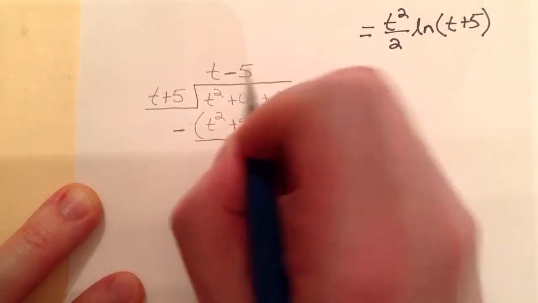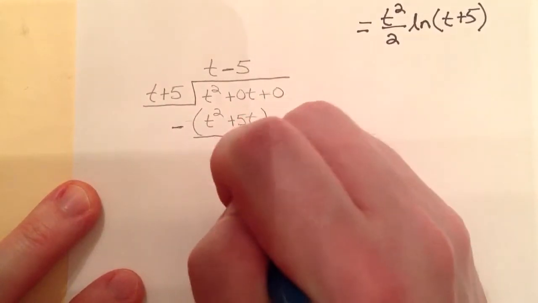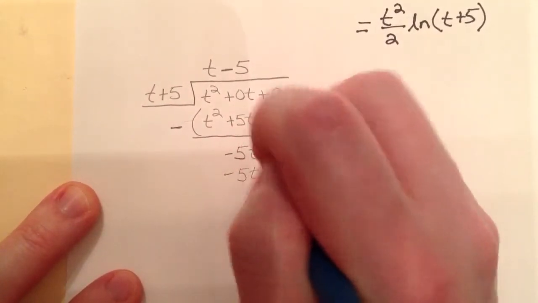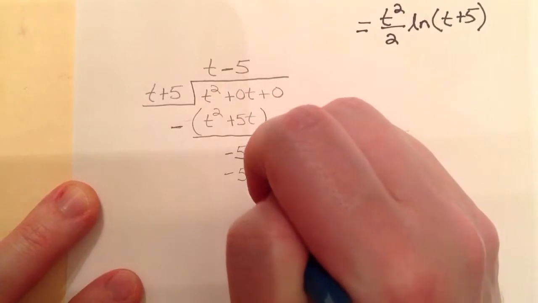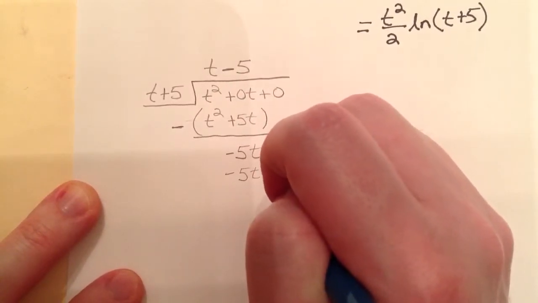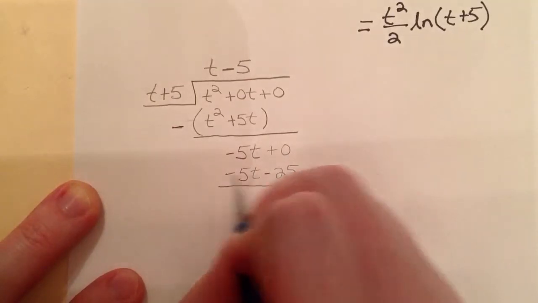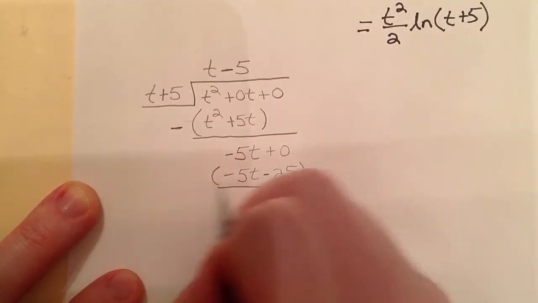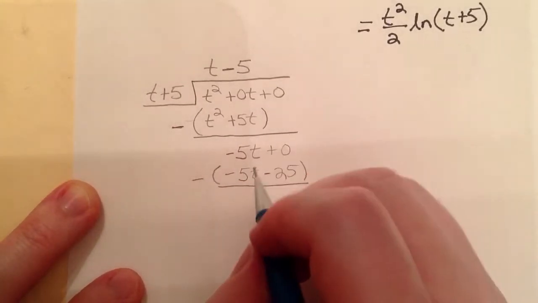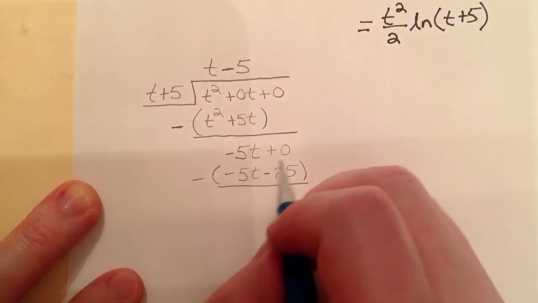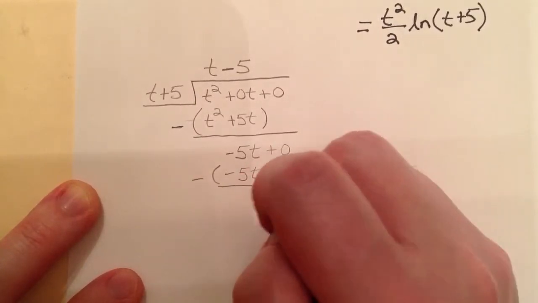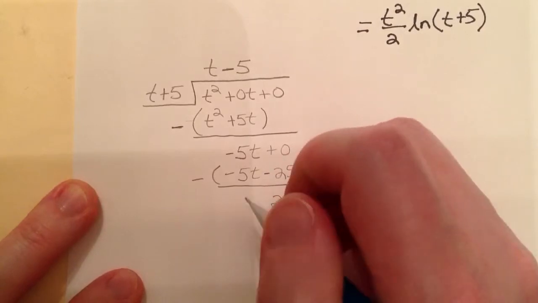Negative 5 times t is negative 5t. Negative 5 times 5, it's going to be a negative 25. And with the subtraction, negative 5t plus 5t will go out. 0 minus negative 25 converts to positive 25.